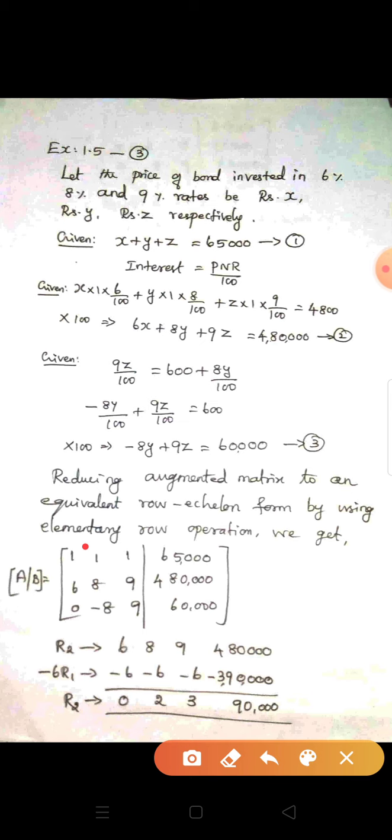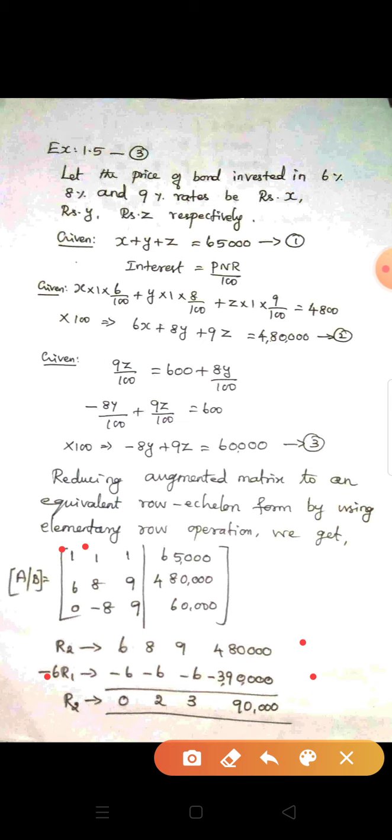First the second row R2: 6, 8, 9, 4 lakh 80,000. Comparing with the first row, first element 1, what should be multiplied? Yes, minus 6 should be multiplied. Minus 6 into R1 gives minus 6, minus 6, minus 6, minus 3 lakh 90,000.